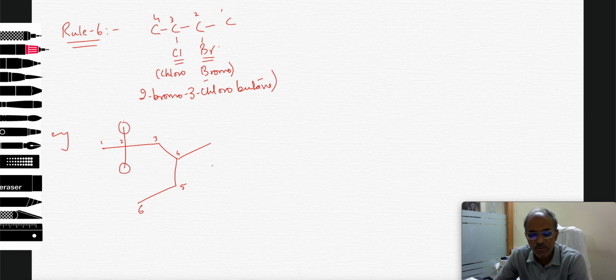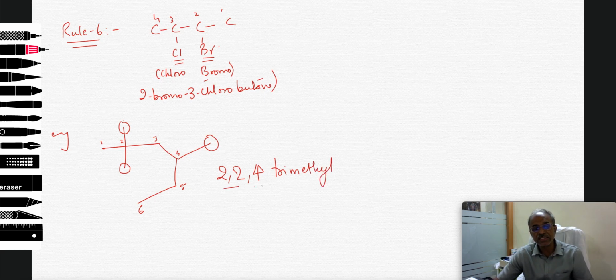So I will say 2, 2 again. Now the fourth position also is a methyl. So 2, 2, 4 trimethyl. It is written 2,2,4 because all the three substituents are the same.